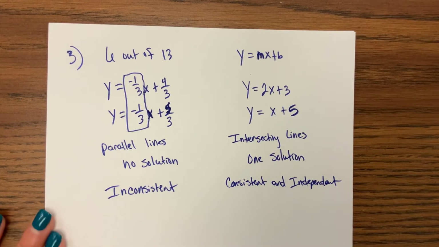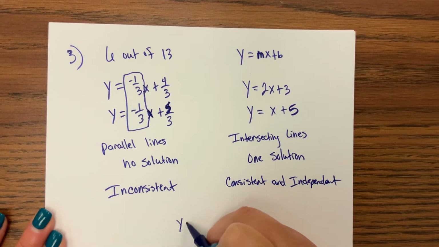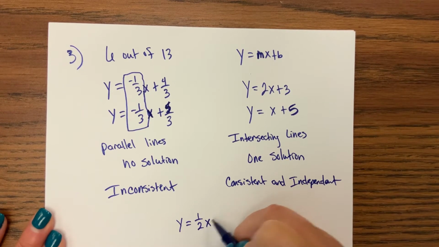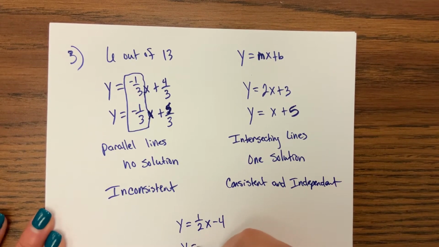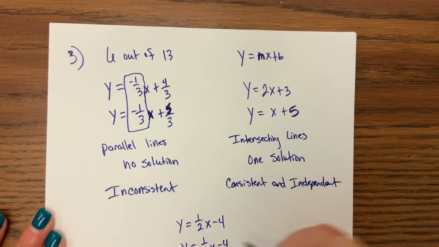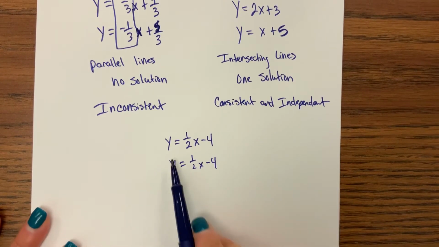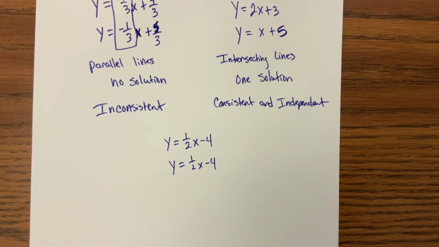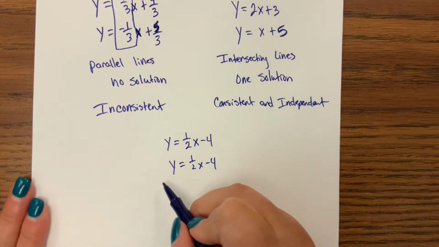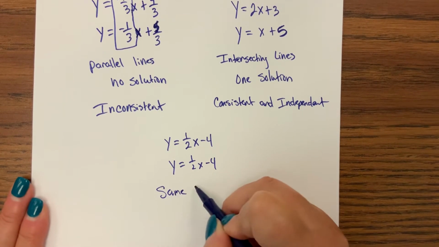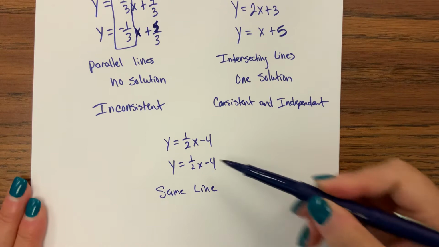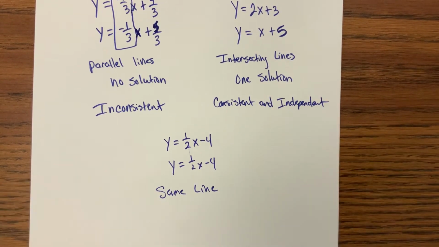The last one she talked about is if the lines are identical. So if you put your equations in slope-intercept form and you get two equations that are identical, then that means these are the same line, same exact line, because slopes are the same, y-intercepts are the same.